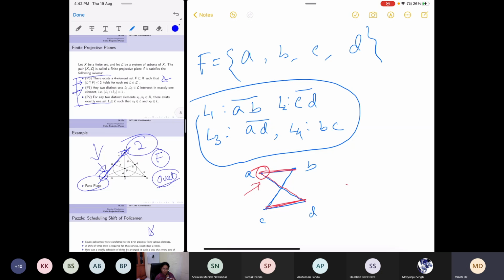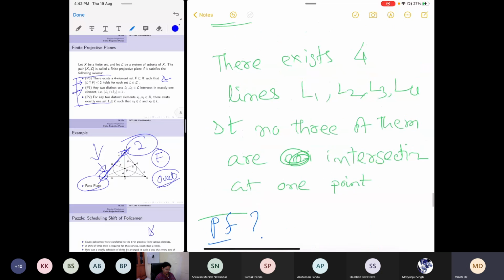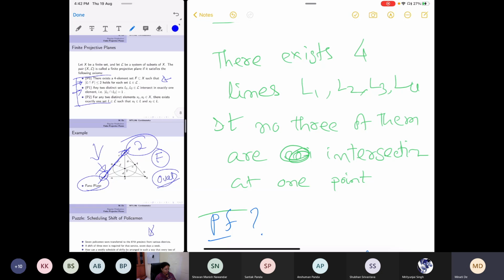Using that same argument, you can say that it's not possible for 3 lines to pass through one single common point. So my claim is that L1, L2, L3, L4, the way we have constructed them, satisfy this property.